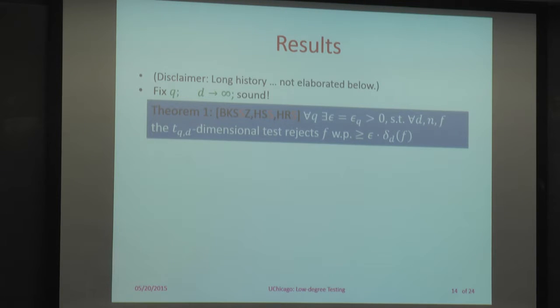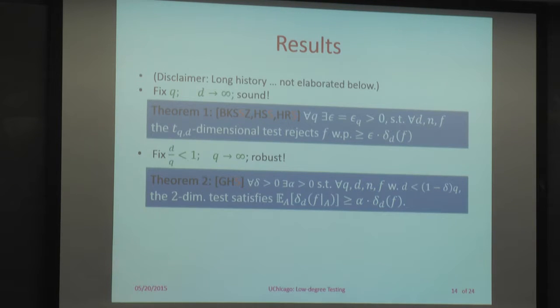Even this absolute constant, I will point you to why this is an interesting theorem in a few minutes. The probability with which you will reject a function is proportionate to its distance from the space of degree d polynomials, and the constant of proportionality is an absolute constant depending only on the field size. This constant, by the way, is like an Ackermann function dependent on q, but it's a constant. That is one of the theorems in this area.